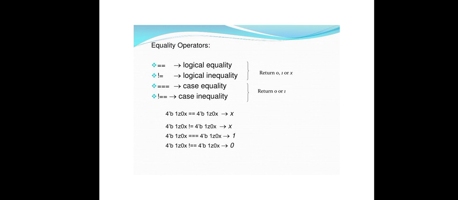Then next one is the equality operators. Equality operators use the equal signs, or the logical operators are used here. Equality means the same sign. Double equal to, it is the logic equality. Exclamation mark equal to, it is the logic inequality. That means a is not equal to b.